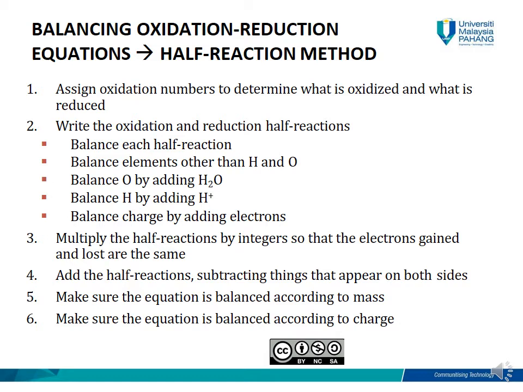Next, you need to balance the elements other than hydrogen and oxygen. You need to look very carefully for atoms other than hydrogen and oxygen, and balance those elements first. Now, for the oxygen, you need to balance by adding water molecules, H2O, whereas for the hydrogen, you need to add H plus, or what we call a proton.